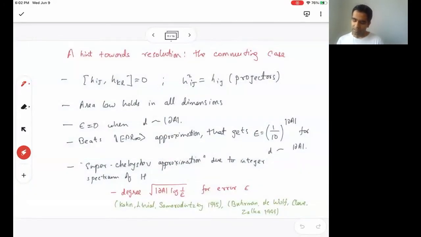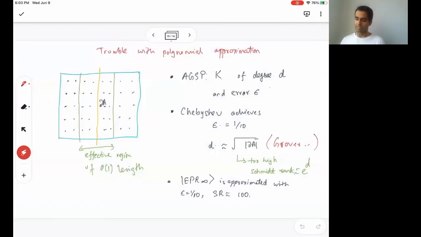It turns out that when epsilon is 0, I can get away with a slightly larger degree, that is roughly the area of the Hamiltonian, the area of the cut. And this clearly beats the very good EPR approximation. If I had an EPR approximation at this degree, I would get roughly an error of 1/10 to the power of this thing, by simply raising this approximation to a power of the area.